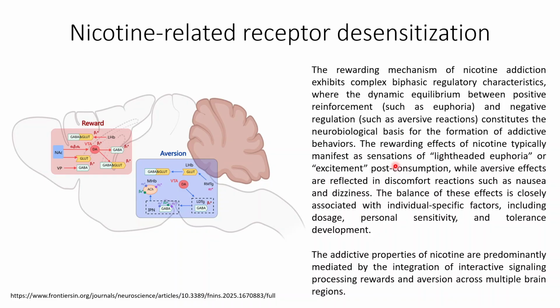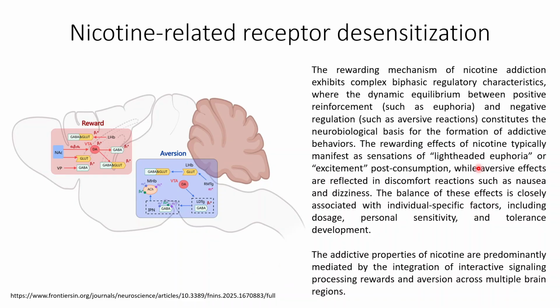So these two kinds of biphasic regulatory characteristics are there, and of course this is governed by many factors that are individual specific. So a person's personal sensitivity, how much they're smoking, how the tolerance develops, maybe even age, gender, all of these things must matter, I'm sure.